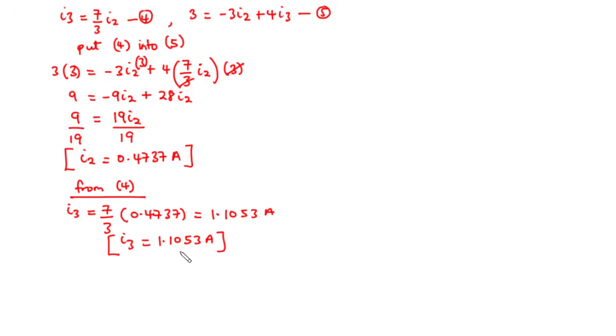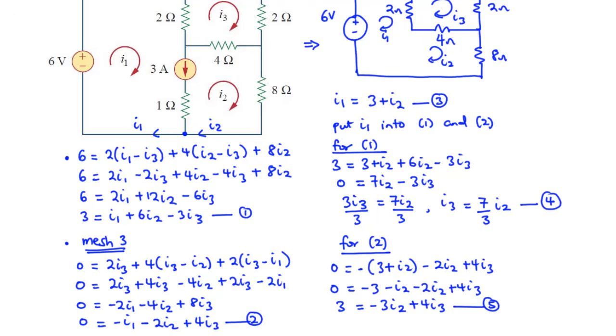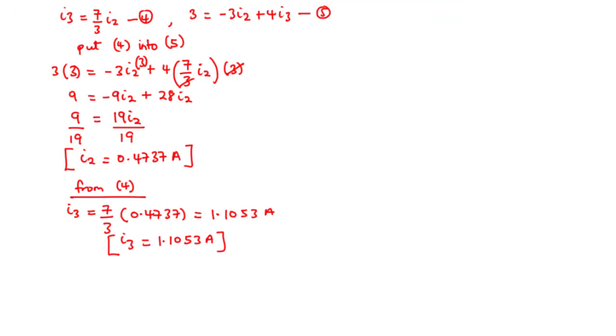Now let's go back to the previous page. So from the previous page, we had equation 3 to be I1 equals 3 plus I2.